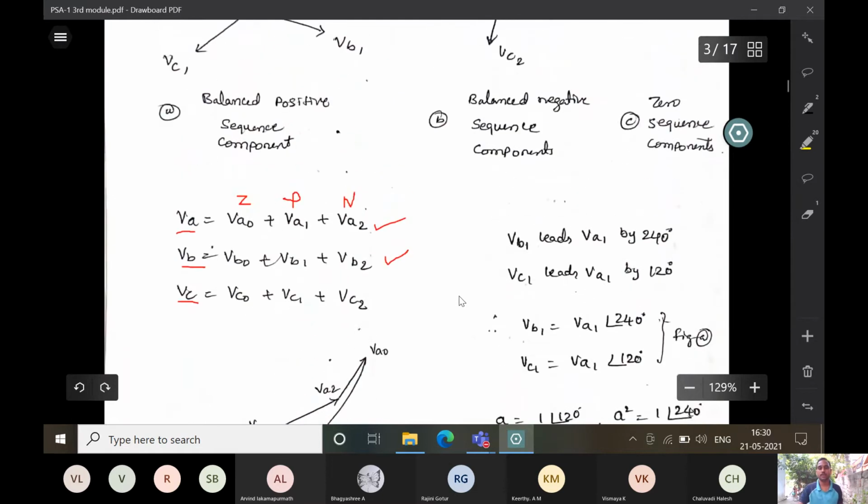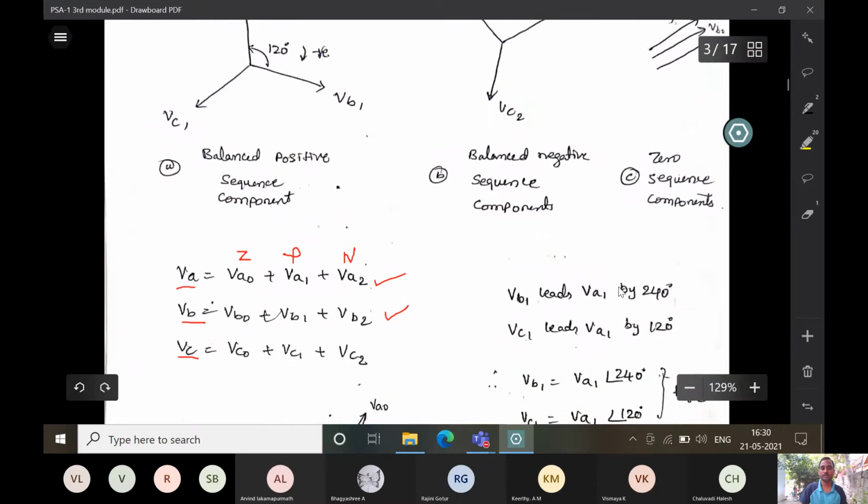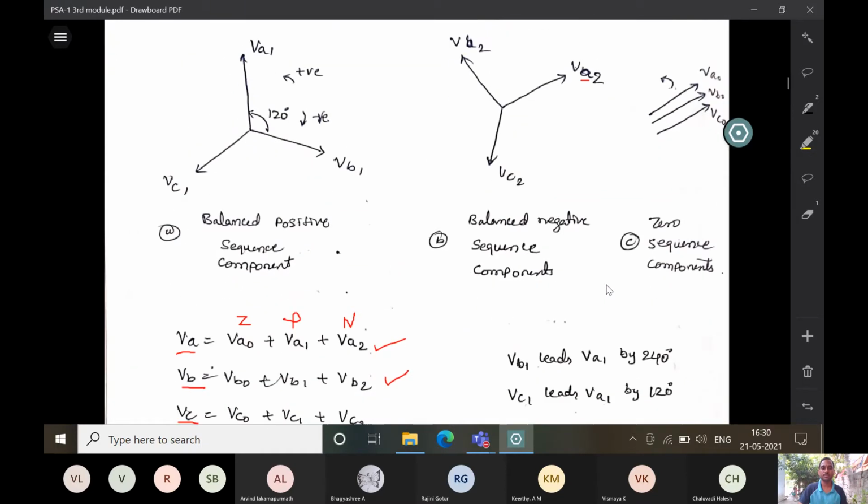So again, VB1 leads VA1 by 240 degree. Where is VB1? VB1 is here, and VA1 is here. What is the angle between here and here?